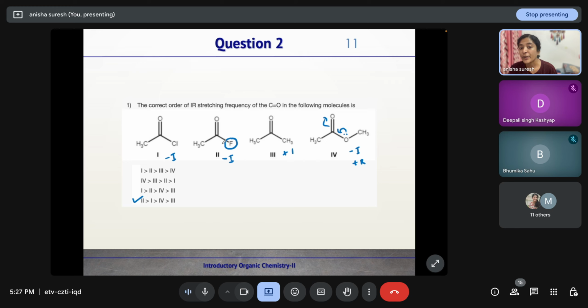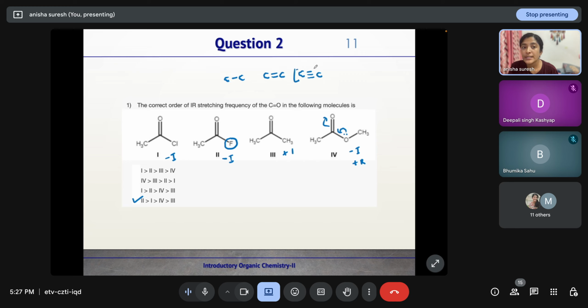So, if the minus I effect is present, the electron density will be pushed towards this fluorine or chlorine, and because of that, this carbonyl bond becomes shorter. If the bond becomes shorter, then the IR stretching frequency required will be more. Like if we see the case of C single bond C, C double bond C, and C triple bond C, the triple bond will be shorter compared to these two.